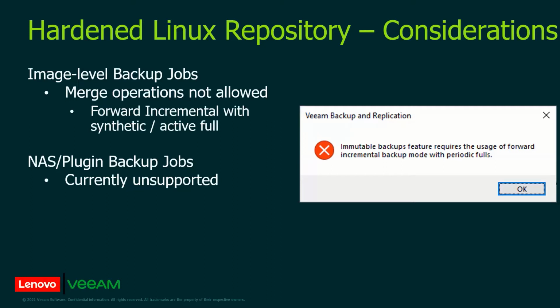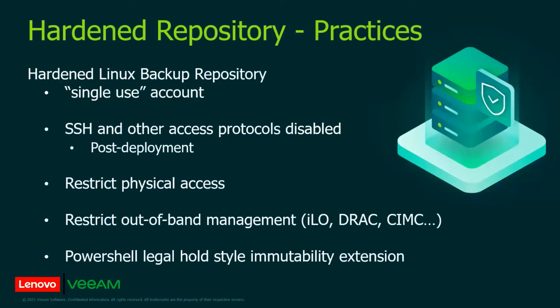You can target other backup job types at a Hardened Linux repository, but for immutability purposes, those backup types will not be supported. So if you're doing NAS backup, if you're doing HANA backup or RMAN backup for Oracle, those jobs are not supported relative to the immutability. So again, from a practice perspective, we recommend, and obviously there are multiple ways to do this, but use a single use account when you create the Linux repository.